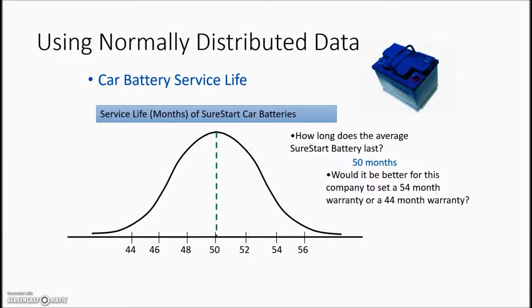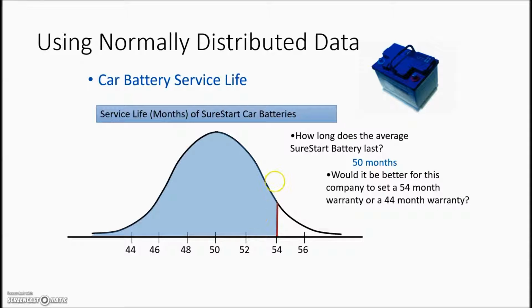The next question asks, would it be better for this company to set a 54-month warranty or a 44-month warranty? Well, let's see where those marks fall. 54 is 2 standard deviations above the mean, and that means we have all of this area, and likewise a much larger percentage are going to expire before they reach 54 months in life.